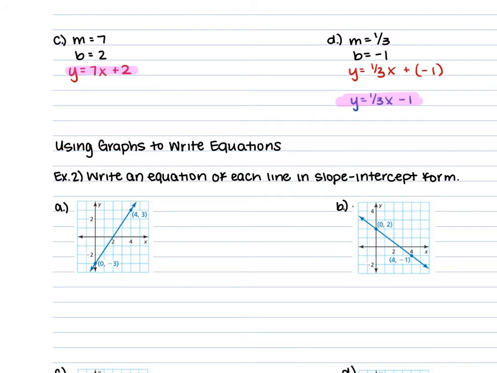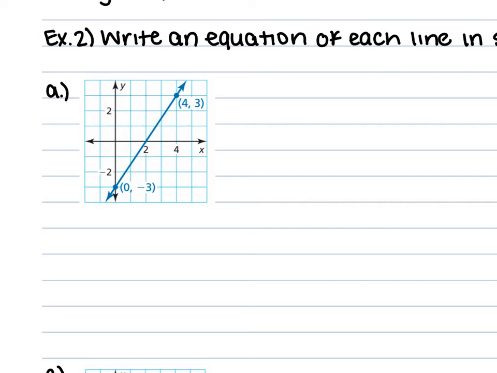So if we look at example 1, we have ordered pairs here that are 0, -3, and 4, 3. So with this, we're going up 1, 2, 3, 4, 5, 6, and we're going to the right 4. So our slope is 6/4, which is 3/2 in simplest form, and then that y-intercept is that 0, -3, so we're going to take that b to be -3.